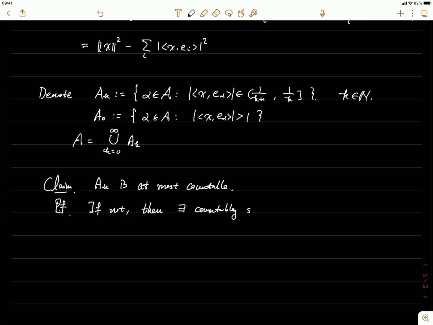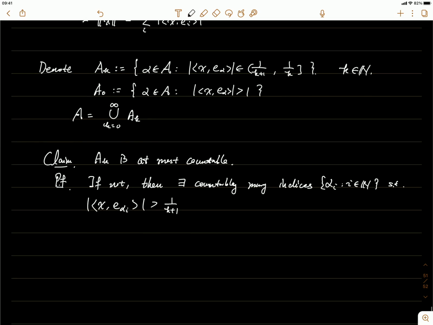There exist countably many indices, say I call them alpha_i, such that |<x, e_alpha_i>| is bigger than 1 over k plus 1, right?